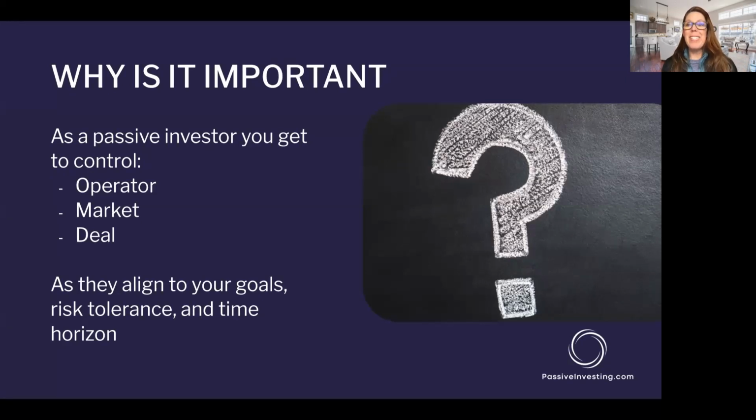And that is because as a passive investor, once you set your investing goals, your time horizon, and your risk tolerance, you only get to control 3 things, and that is who you invest with, where you invest, and what deal you go into. And we have to make sure that those 3 things align to your goals, your risk tolerance, and your timeline horizon.